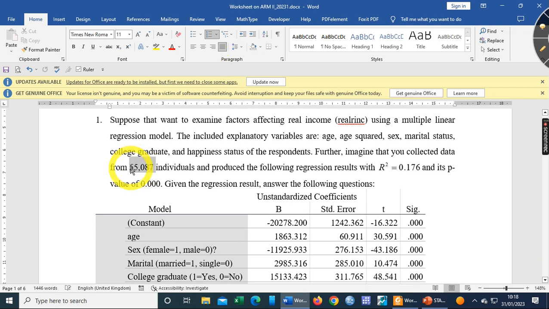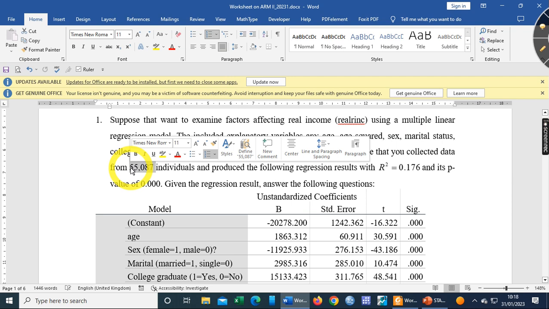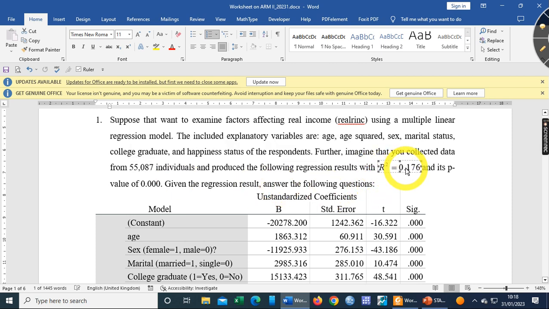Data were collected from 555,087 individuals. R square is also calculated. R square is 0.176, which is 17.6%, and its p-value is also provided.